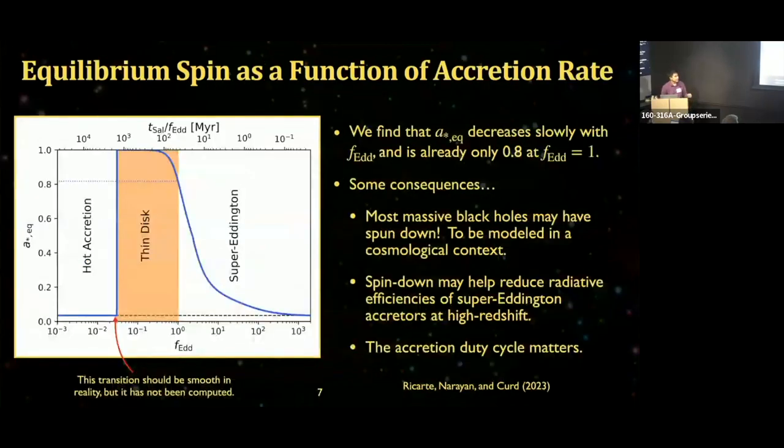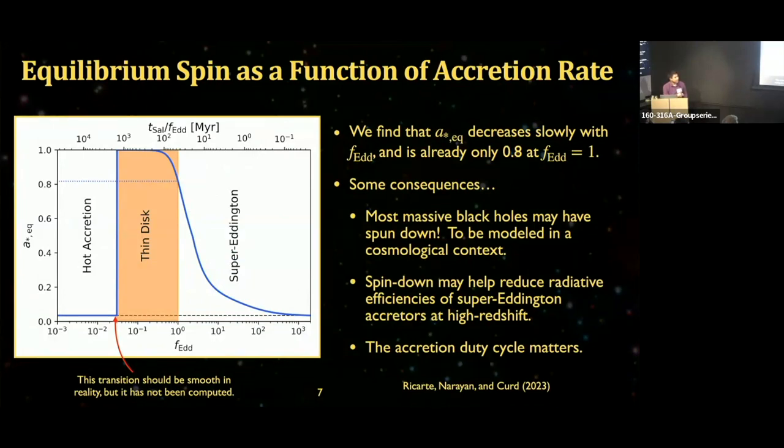Taking a closer look at this, here's the equilibrium spin as a function of accretion rate. And on top, I'm marking the Salpeter time divided by the Eddington ratio. So basically the characteristic time scale over which you would need to be accreting at that rate in order to start to reach equilibrium. We have these 3 accretion regimes: hot accretion at very low Eddington rates, and then thin disk, and then super Eddington beyond that.